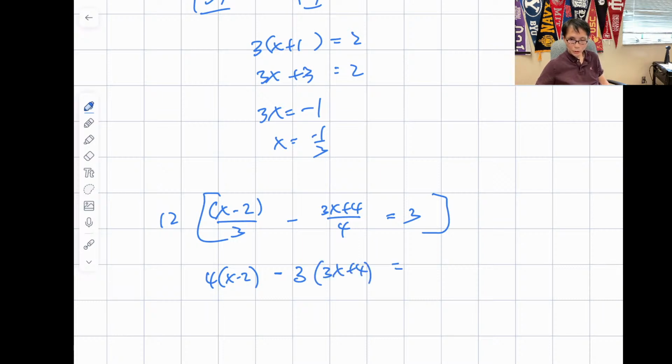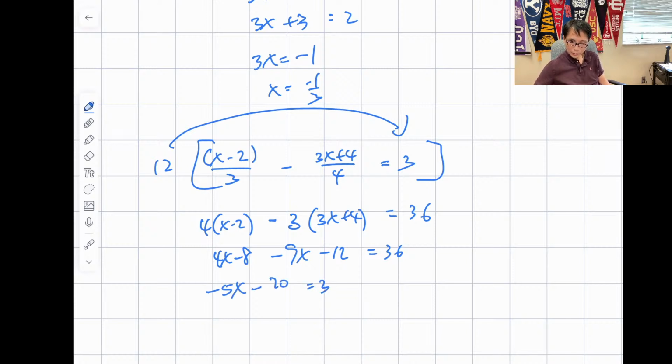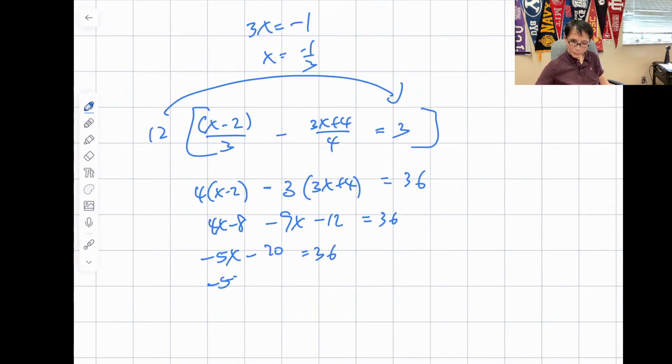That's equal to, also the last one, people usually forget, 36. So it'll be 4x minus 8 minus 9x minus 12 equal to 36. Minus 5x minus 20 equal to 36. Negative 5x equal to 56, so x will be 56 over negative 5.